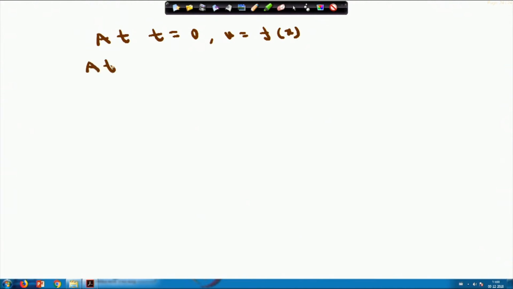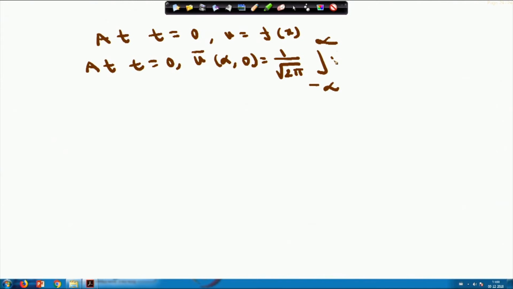So, at t equals 0, u bar alpha 0 equals 1 by root 2 pi, integral from minus infinity to infinity. From the definition, you can write u x 0 into e power I alpha x into dx. And u x 0 is nothing but f x.